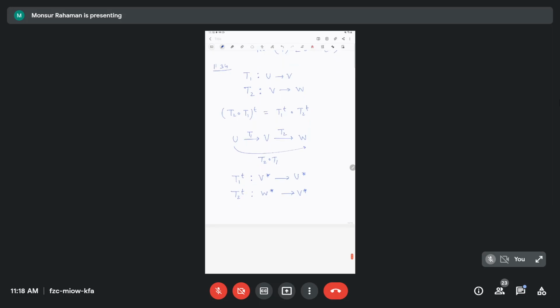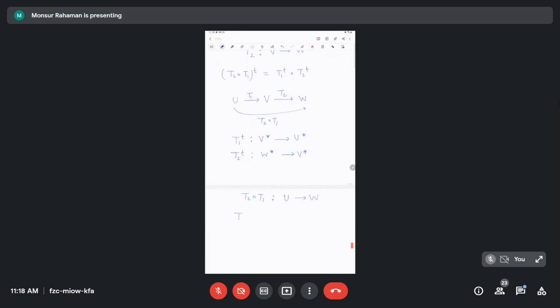And T2 compose T1 is from U to W, so its transpose is from W star to U star.